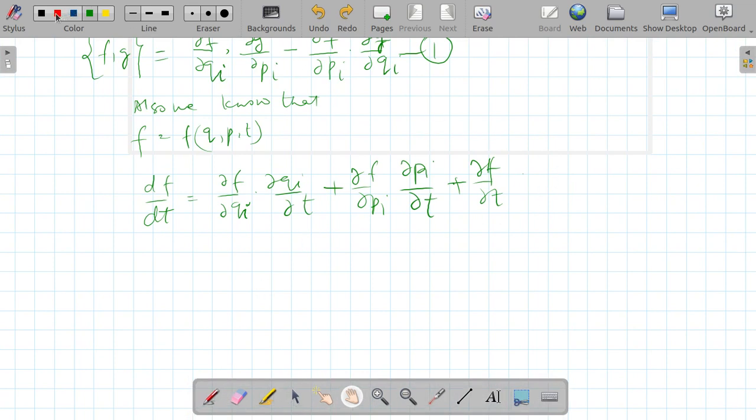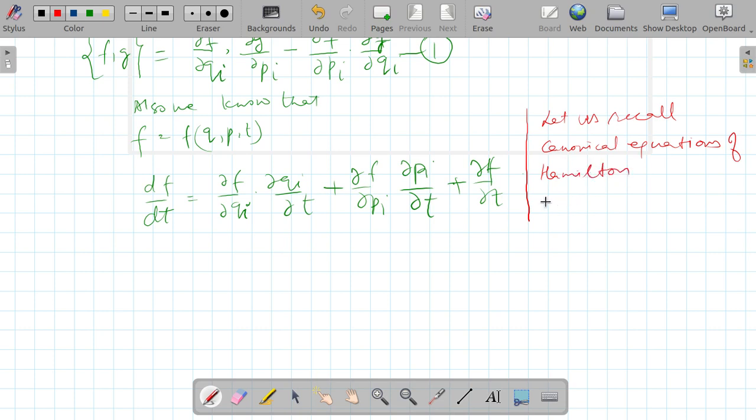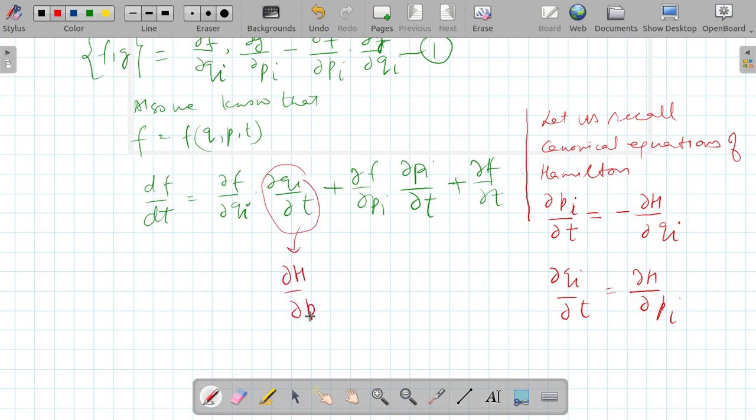Also, let us recall the canonical equations of Hamilton: ∂Pi/∂T is equal to minus ∂H/∂Qi, and ∂Qi/∂T is equal to ∂H/∂Pi.